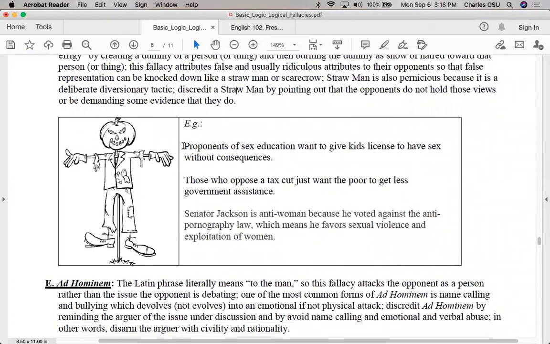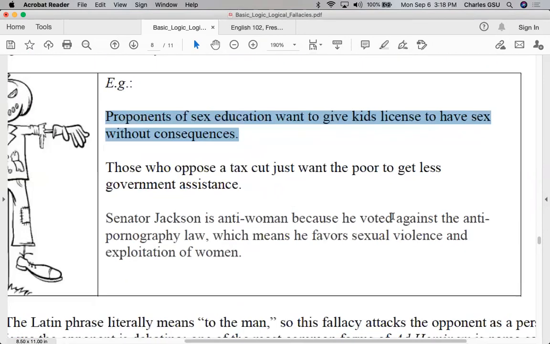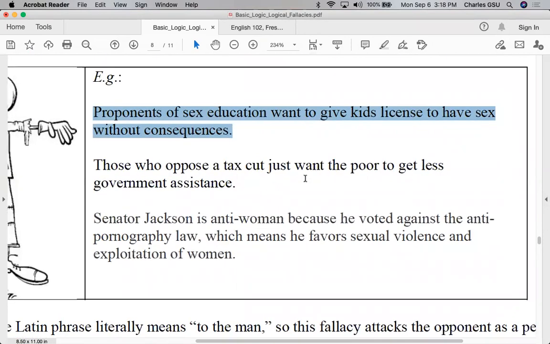Here are a couple of examples. Proponents of sex education want to give kids license to have sex without consequences. Well, honestly, it's just the opposite of that. But people who are trying to distort the facts want you to believe otherwise. So people who want to give kids sex education, proponents, advocates of sex education, actually want younger people to be informed about sexual activity and its consequences.